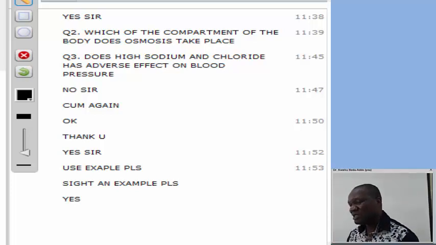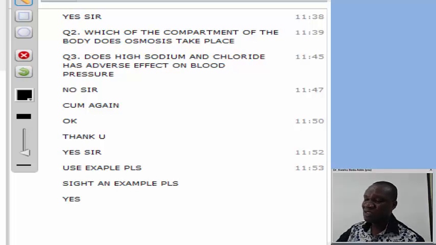The 0.6 is what? 1 minus the hematocrit. And this will give us the total blood volume.